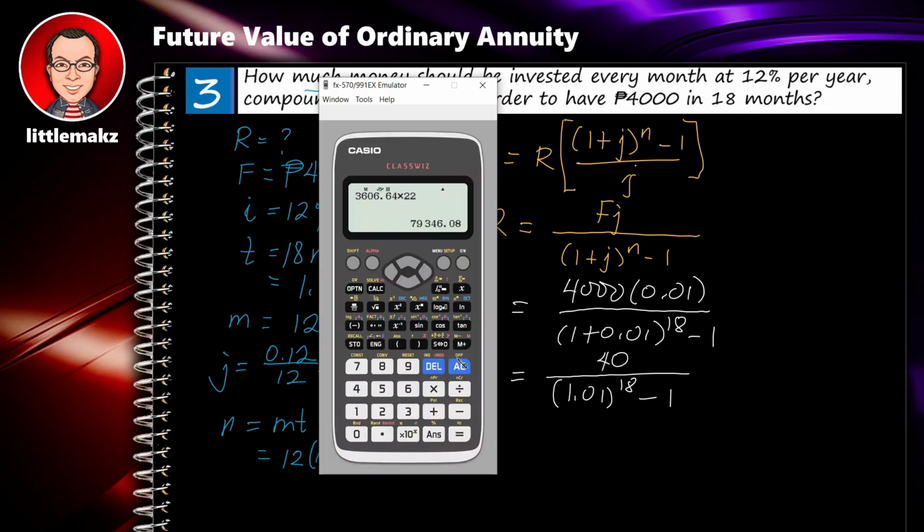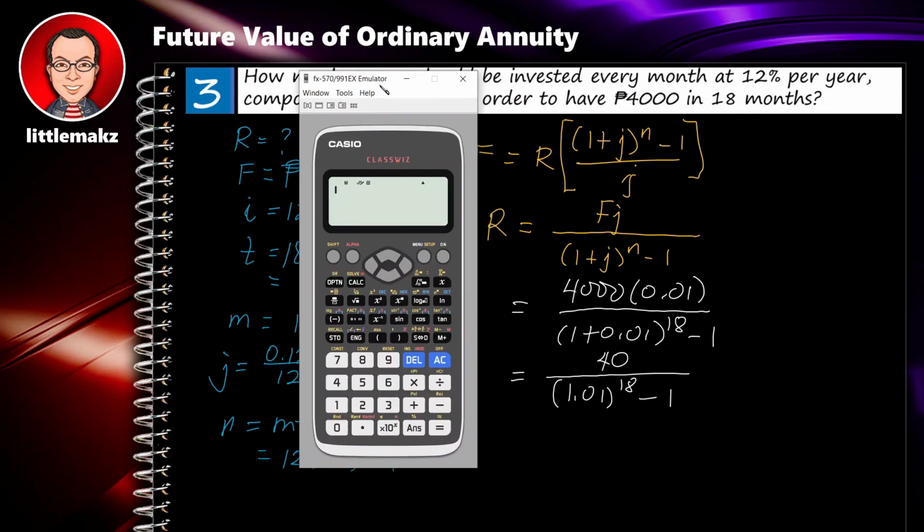And we could simply input this in our calculator to find out the value. You have 40 divided by the quantity 1.01 raised to the power of 18, and then minus 1. So we've got 203.93.